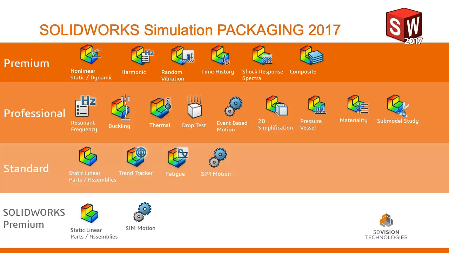Yeah, you're exactly right. I did just want to give an overview of all the simulation products that we do offer. For our structural or finite element analysis package, we offer Premium, Professional, and Standard with different modules associated with that. And included in SolidWorks Premium is static linear analysis and motion analysis. So if you have SolidWorks Premium and you have structural needs, I highly encourage you to check out those options.